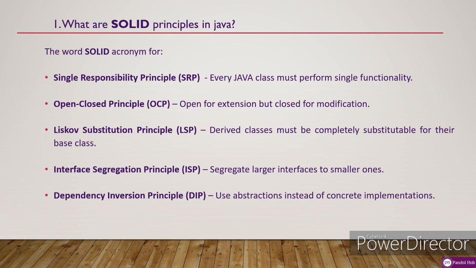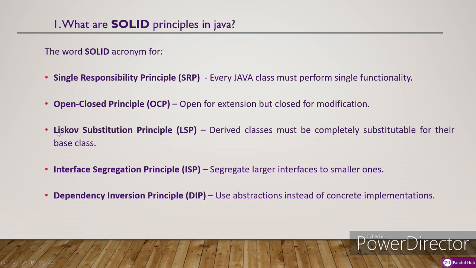For example, we may have a class which is already being used by 10 users, and the 11th user comes and needs some extra attributes or extra functionality added to the existing class. Then instead of modifying the existing class, he can extend it by adding additional parameters, so that the other 10 users who have already been using it will not be affected.